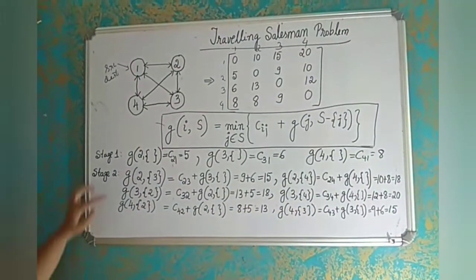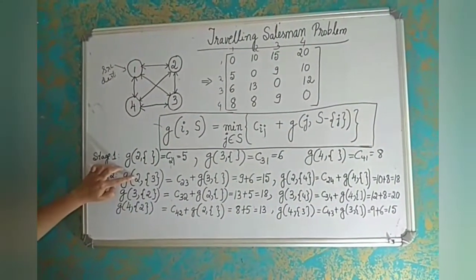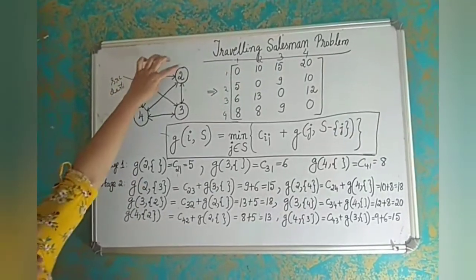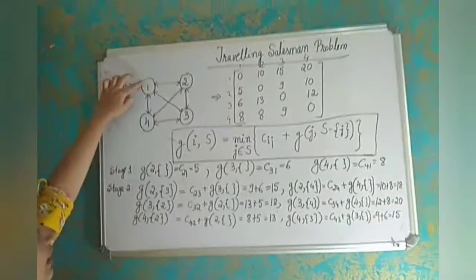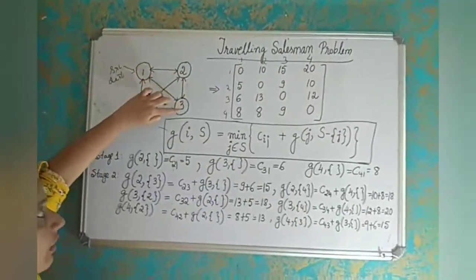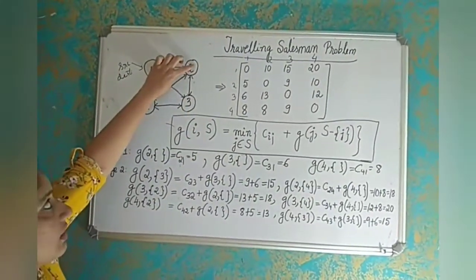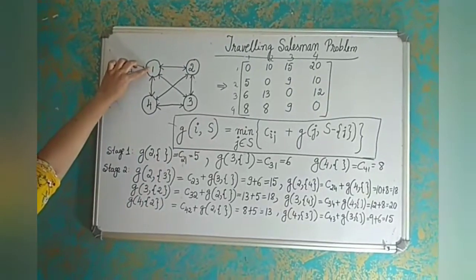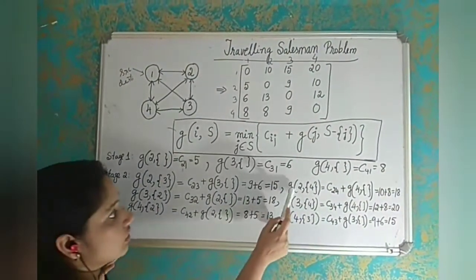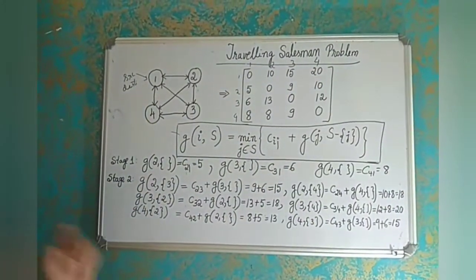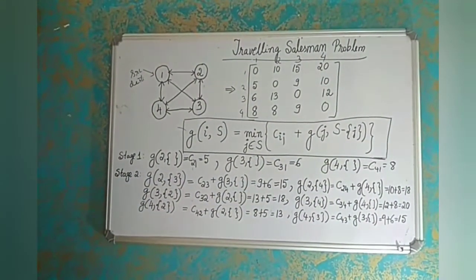So that is when we are considering the vertex 2. Now first we will finish the vertex 2. When we consider the vertex 2, what is the cost of reaching the destination 1 by visiting 3? Now we will consider the cost of reaching the vertex 1 after visiting vertex 4. So that is one more value, G of 2 comma 4. You take one vertex, you consider the remaining vertices.